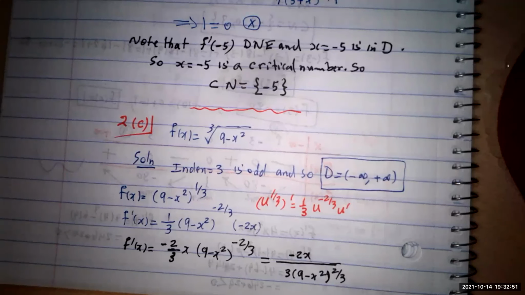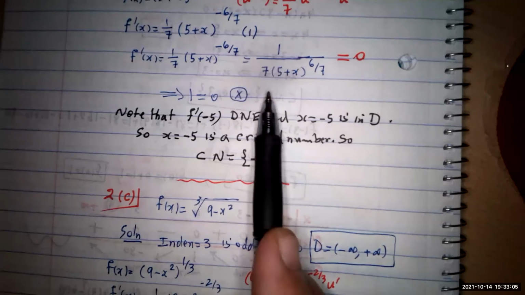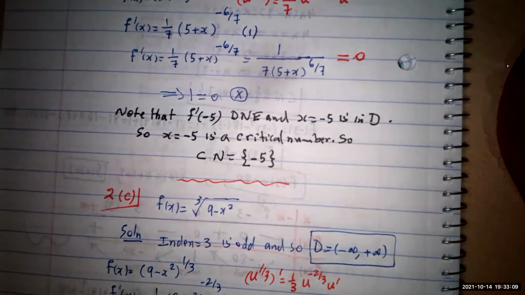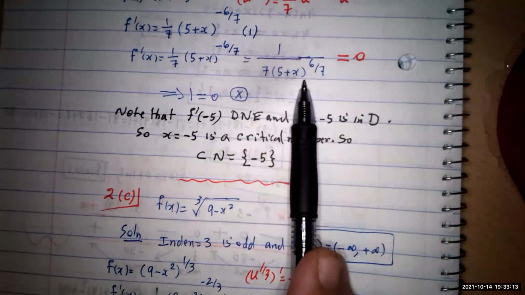Any more question? Yes. How did you get -5 for letter A? The previous one, you see -5, you just check the denominator. Check for what value of x denominator would be 0. You see, the number is 5 plus x, okay?